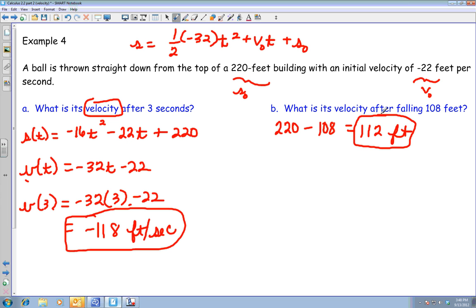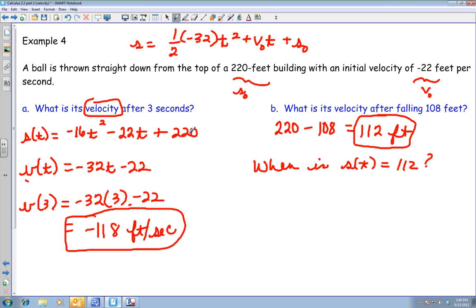So I want to know when the position is 112. How would I do that? I have a position equation. I want to know when this is equal to 112.